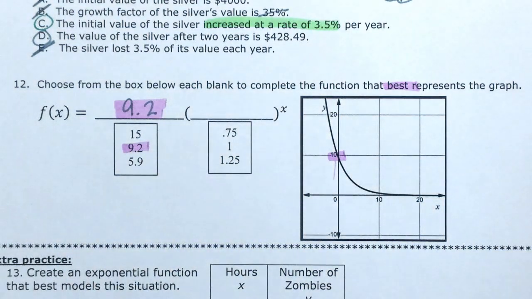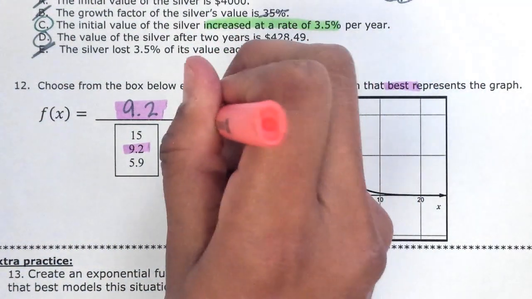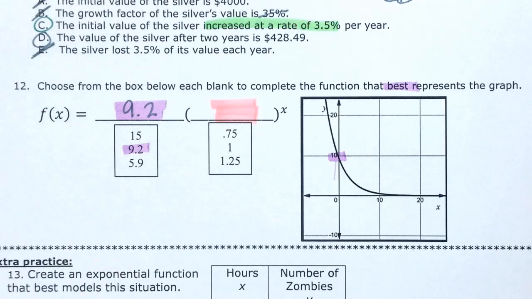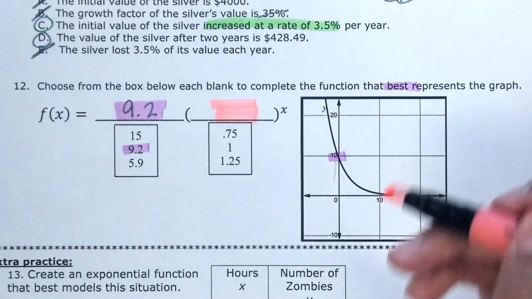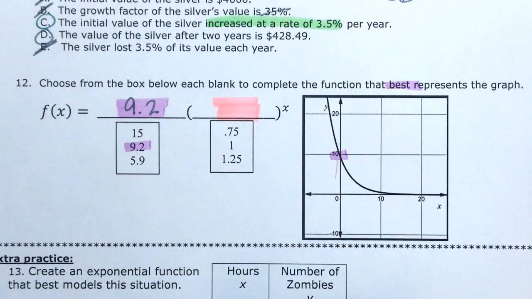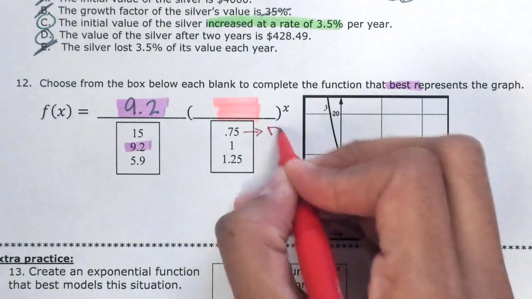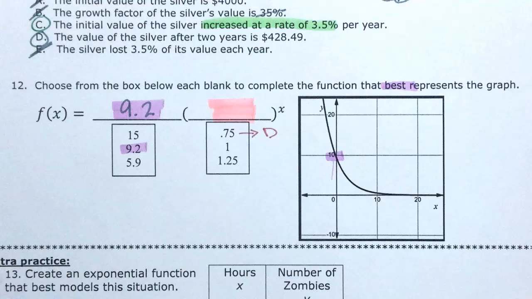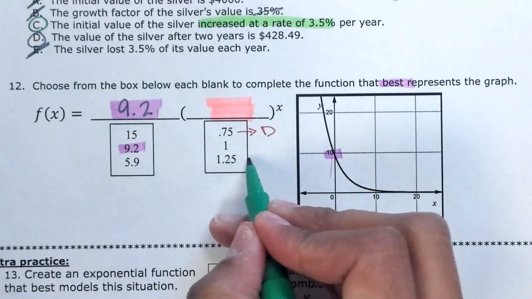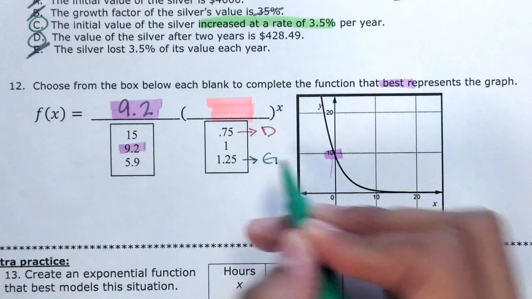Then inside your parentheses here, this is your rate. What is it going up or down by? Now the best way to look at this is look at these numbers. Inside the parentheses tells me growth or decay. So let's start with identifying. Is this growth or decay? This one is decay. We're going to skip 1, but 1.25 would be a growth.